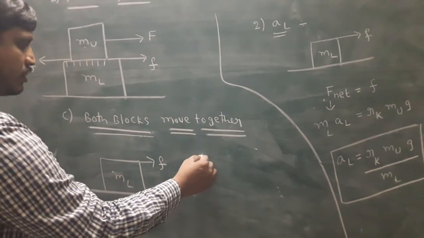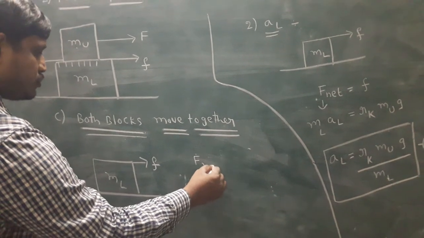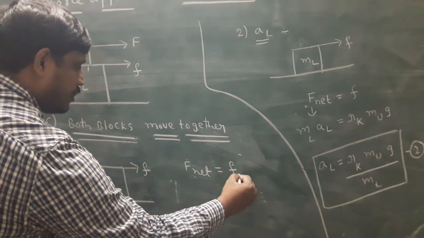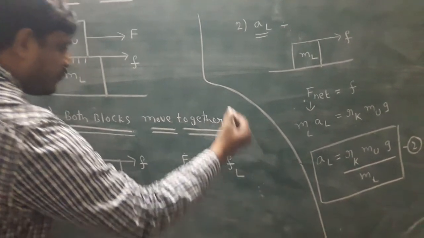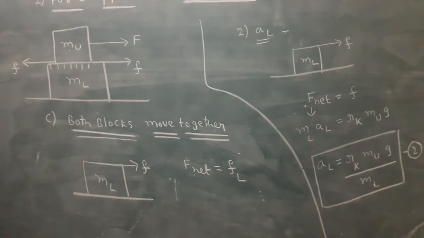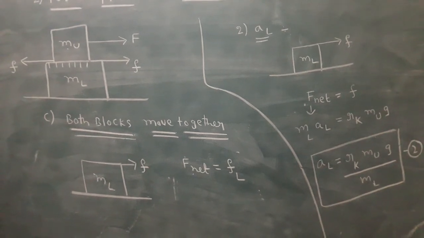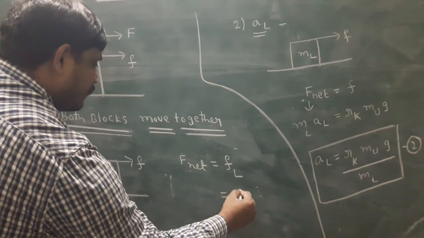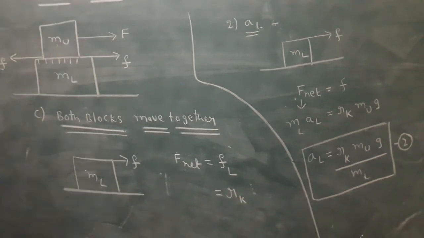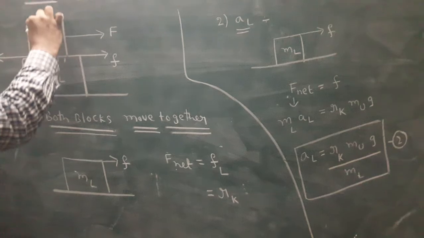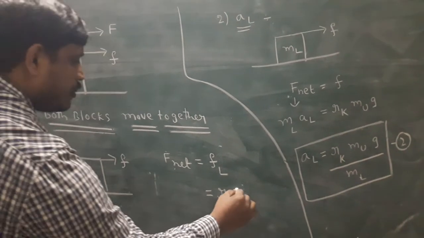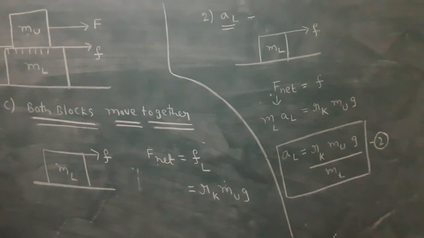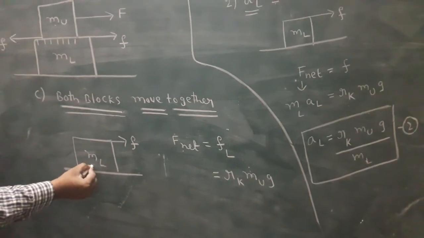In this situation, the net force is friction, because both blocks move together. That friction is maximum friction, called limiting friction. Here, on the right side, limiting friction is mu k into N, and on the rough surface the normal reaction is nothing but the weight of the mass above. On the left side, I take the lower block.